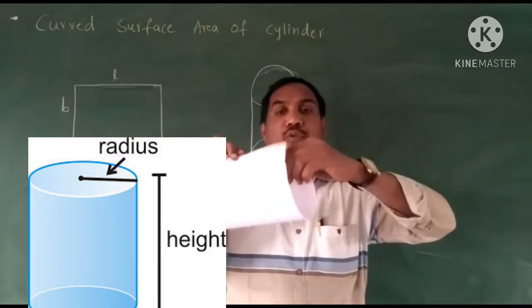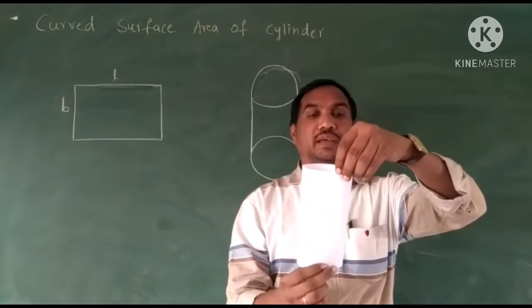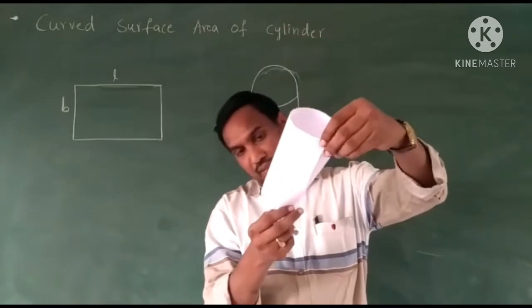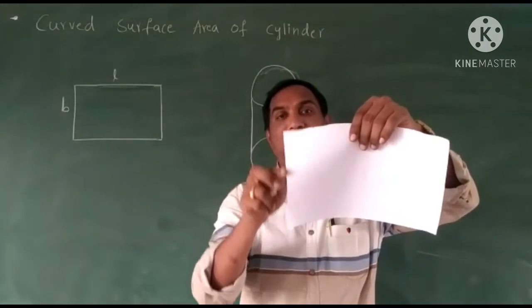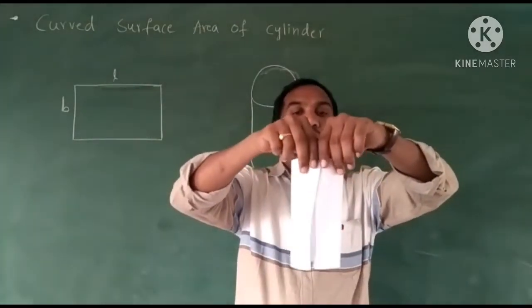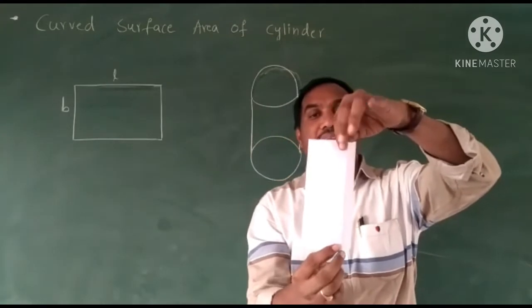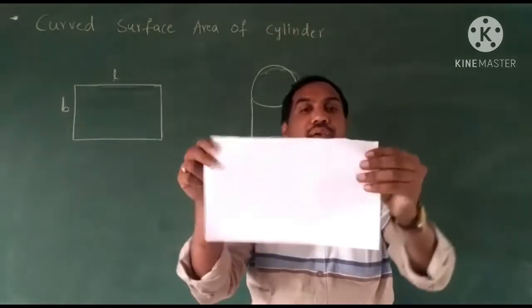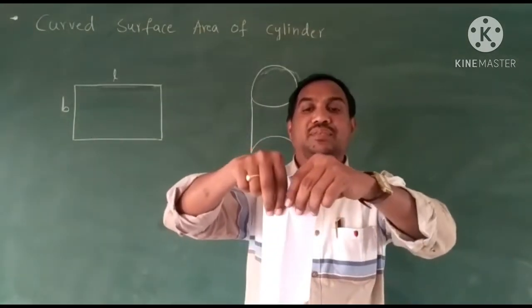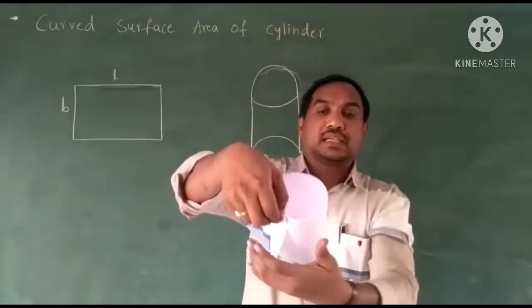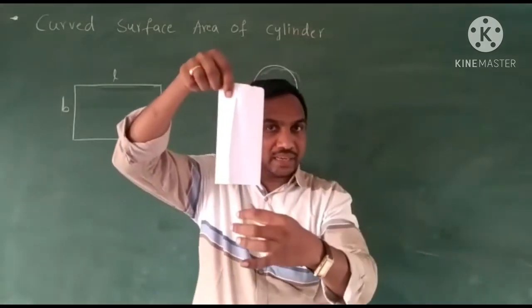If I fold this rectangular paper into a cylinder, the breadth of the rectangle becomes the height of the cylinder, and the length becomes the circumference of the circular base.